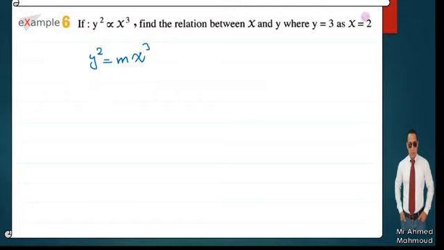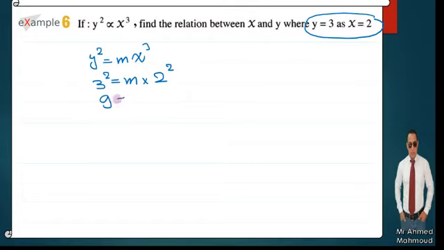Therefore, by using 3 and 2, 3 power of 2 equals m times 2 power of 2, then 9 equals m times 4, 2 power of 3, excuse me, times 8.